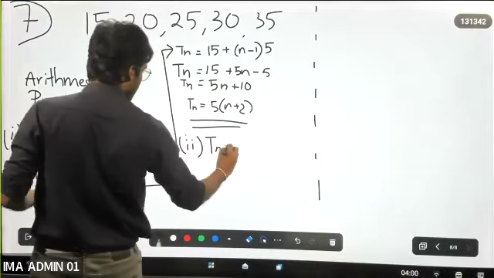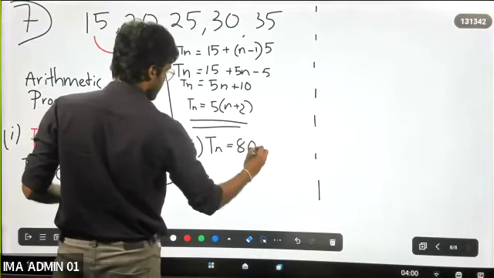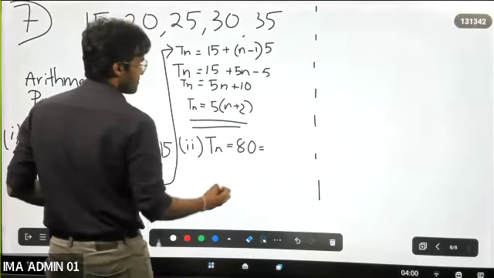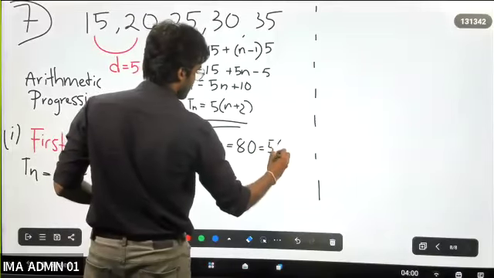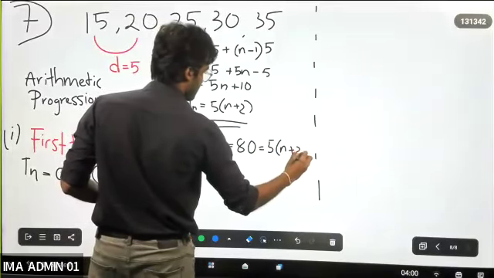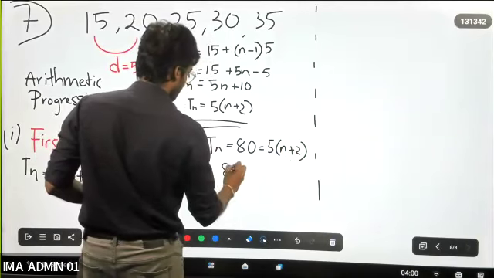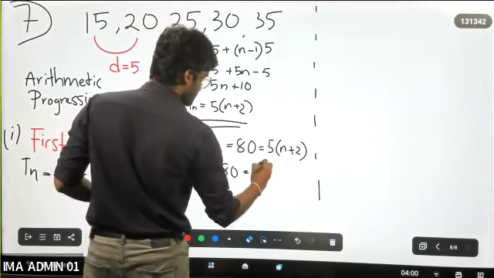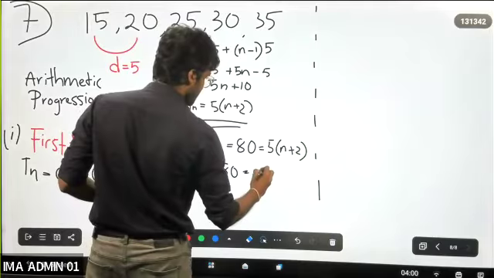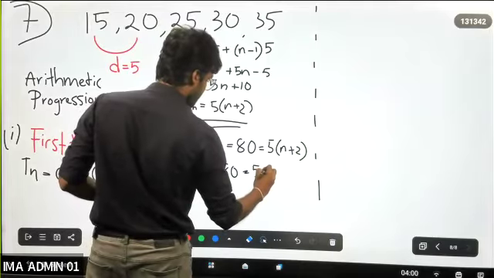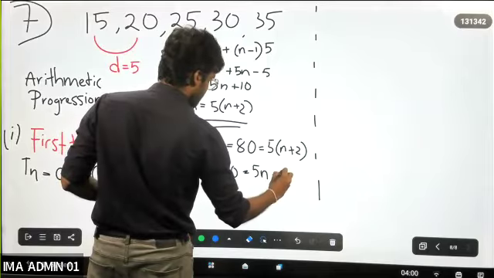The milliliter amount must be 80, and we have to find n. So 80 will be equal to 5 multiplied by n plus 2. We write this as 5n plus 10.